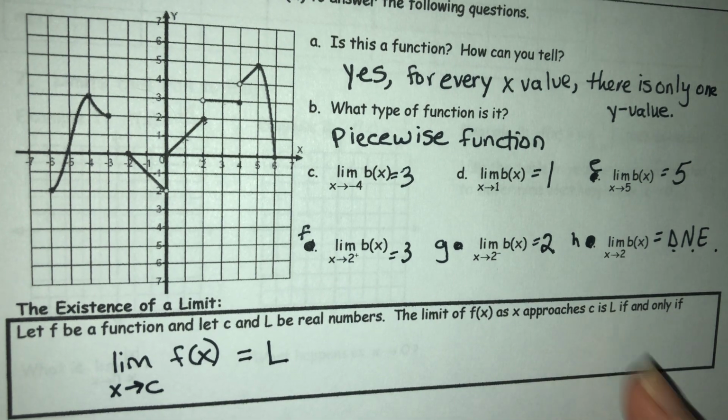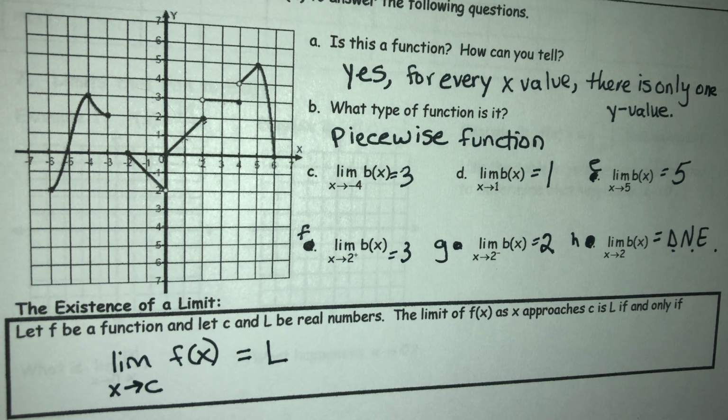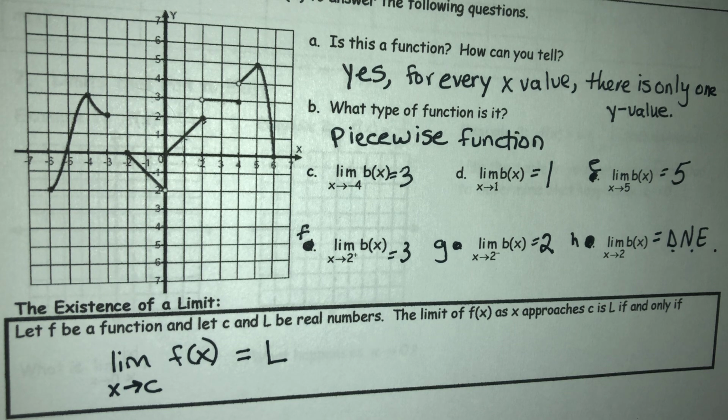So you might recall the words if and only if, especially from geometry. That's a biconditional statement. We're saying it has to work forwards and backwards in order for an if and only if statement to be true.